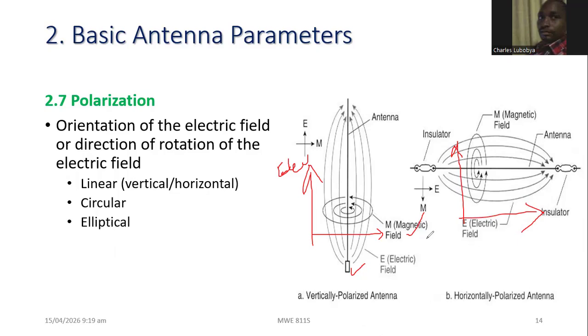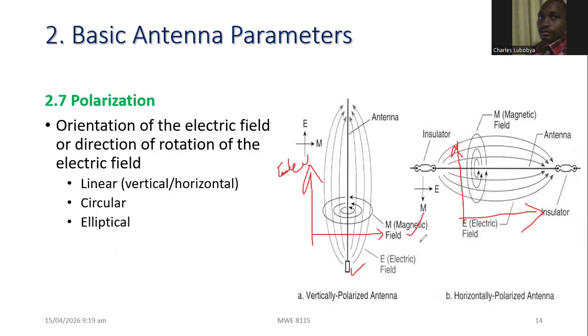But remember here, when we talk of polarization, we are interested in the electric field. Where is the direction of the electric field? So if it is moving in the vertical direction, then it can either be in the vertical or horizontal, constituting what is known as linear polarization.